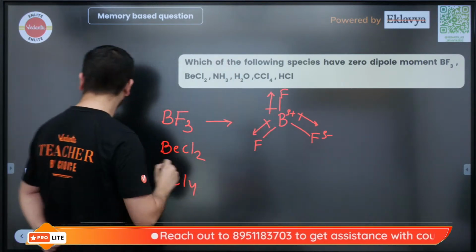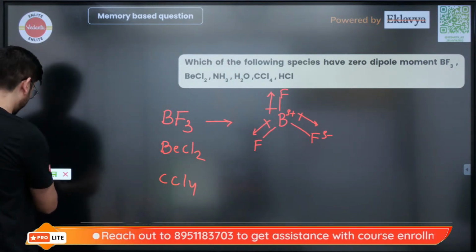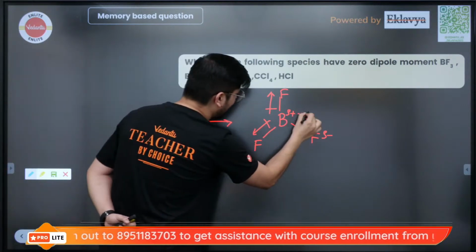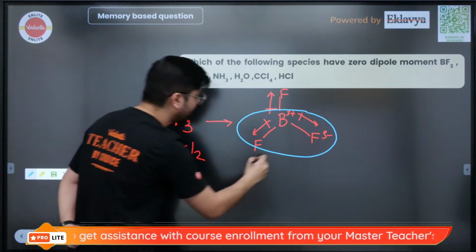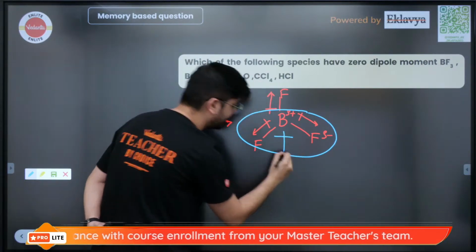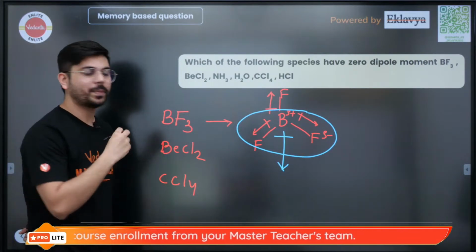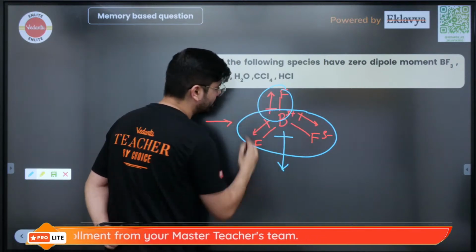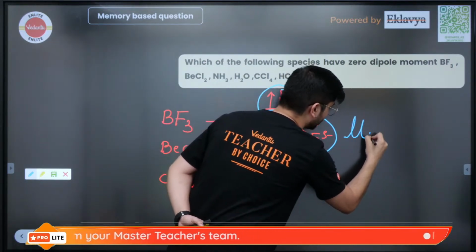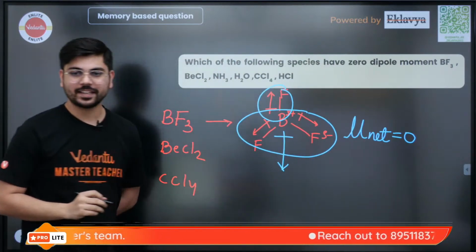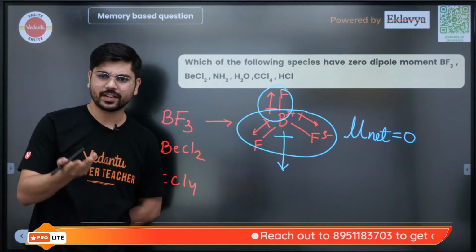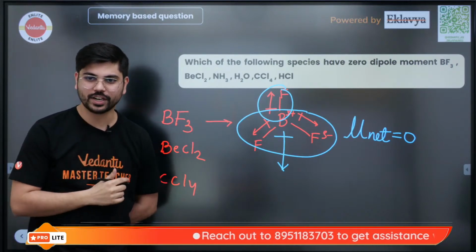Now don't you think the net dipole coming from these both boron and fluorine would be like this, downward, which would be cancelled by this one. So what is the mu net? Mu net will be 0. It cancels out, as rightly stated by Roshan Nath.